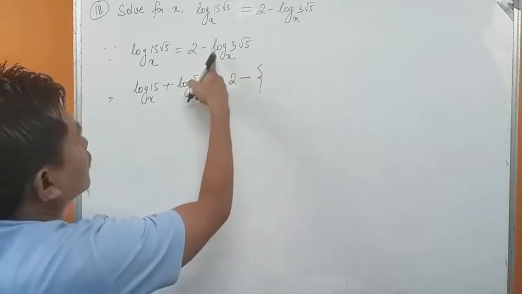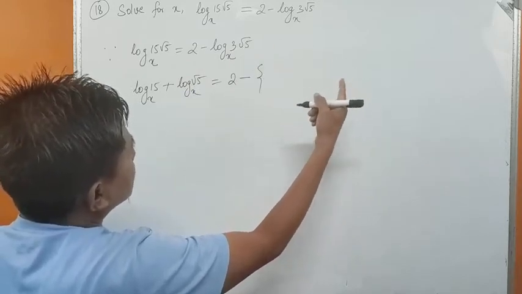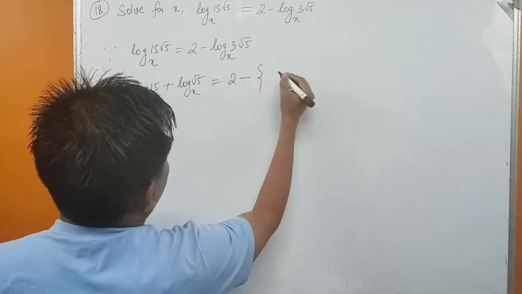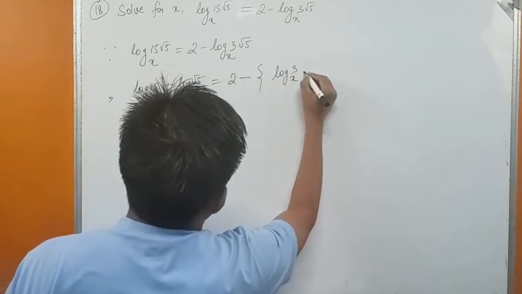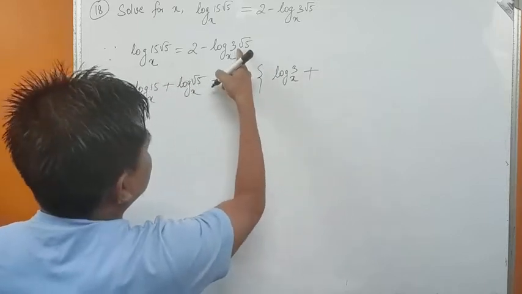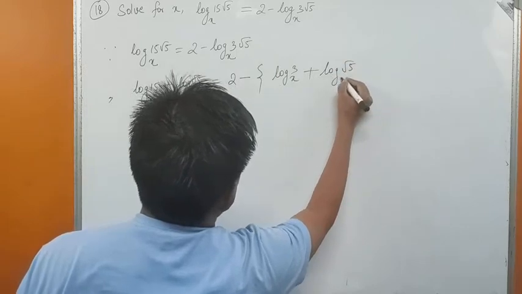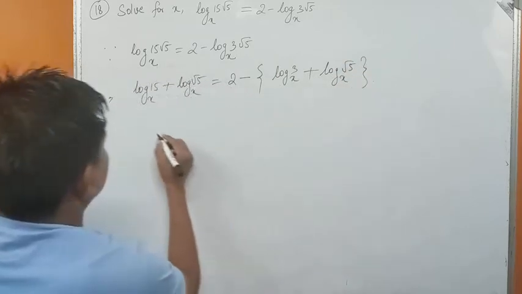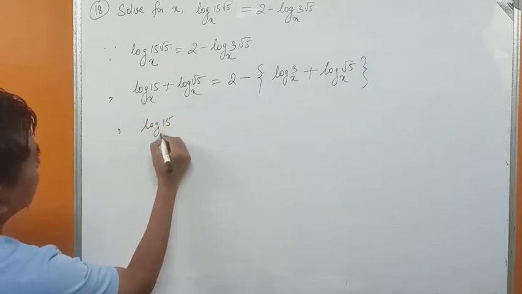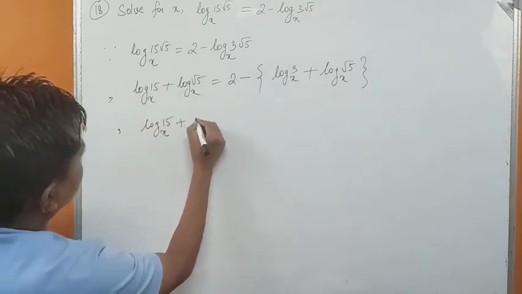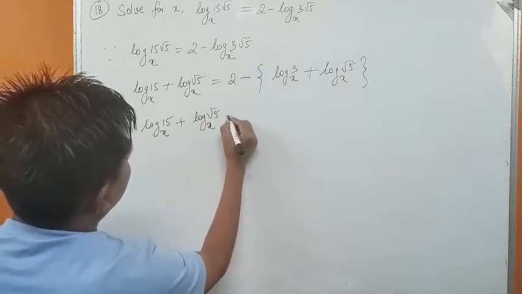Log 3 into root 5 means log 3 plus log root 5 to the base x, so log 3 to the base x plus log root 5 to the base x. Or log 15 to the base x plus log root 5 to the base x equals 2.